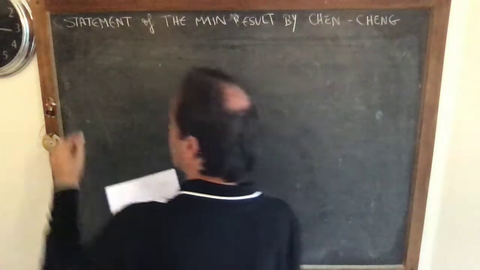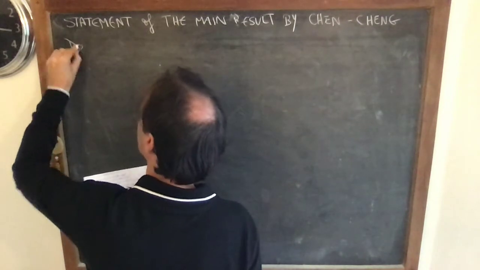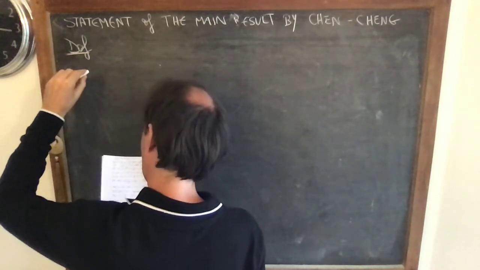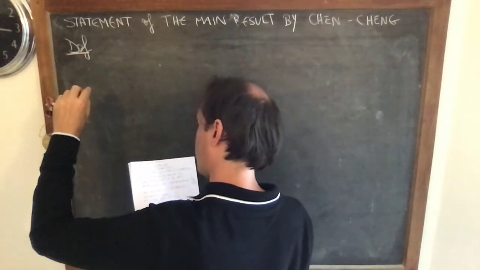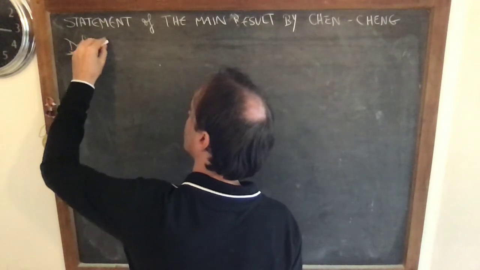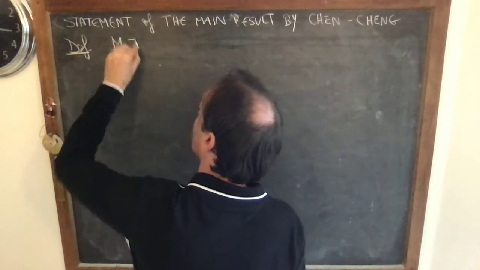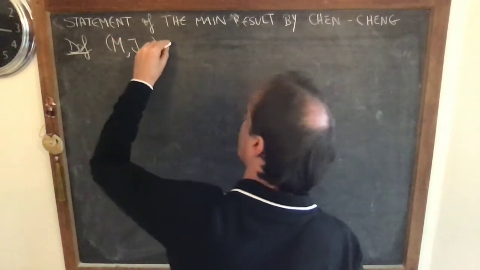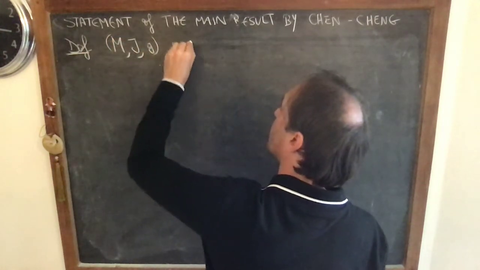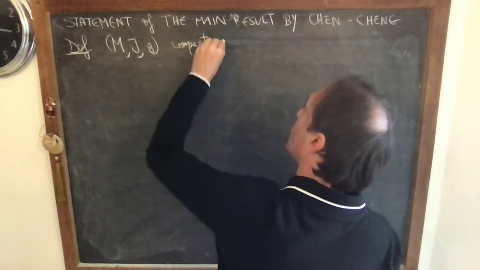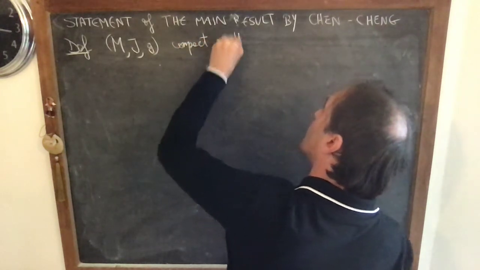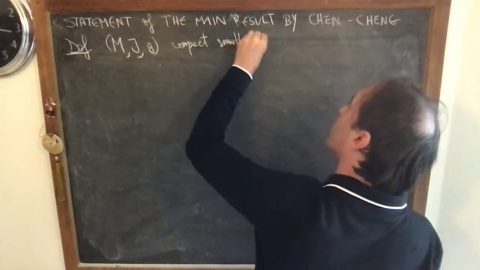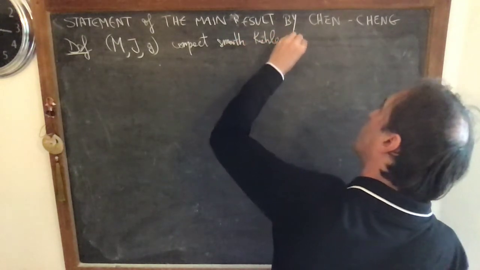Okay, so we need some definitions and notation. As we said earlier, for us (N, J, g) always stands for a compact, smooth, Kähler manifold.